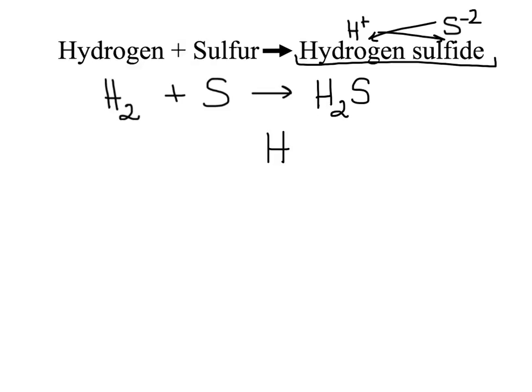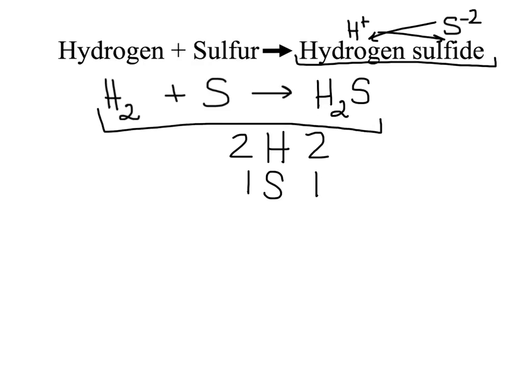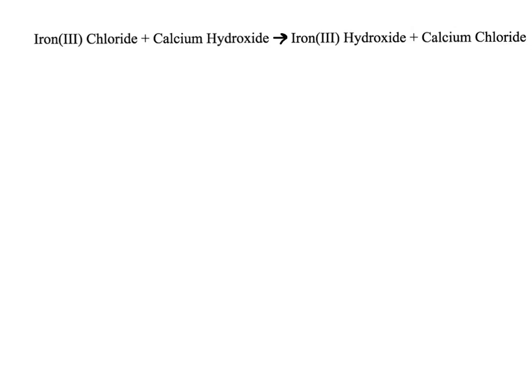So our elements are hydrogen and sulfur. We have 2 and 1, we have 2 and 1, and guess what? This is already balanced.